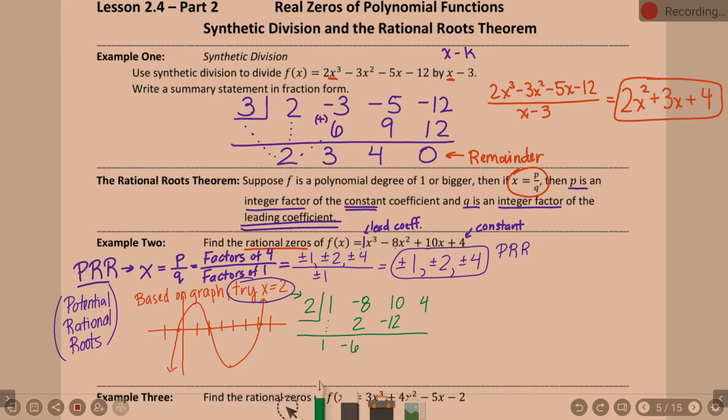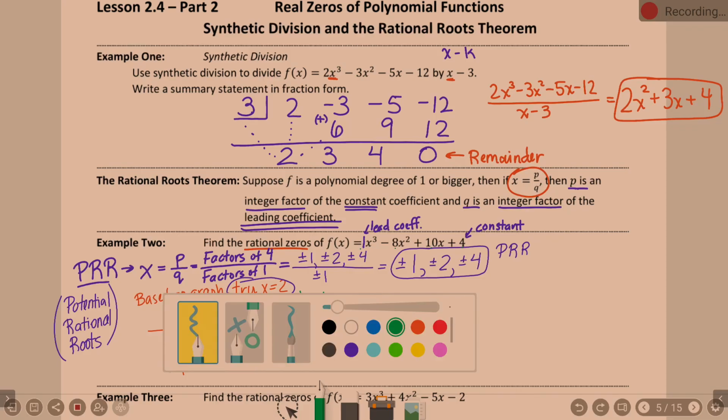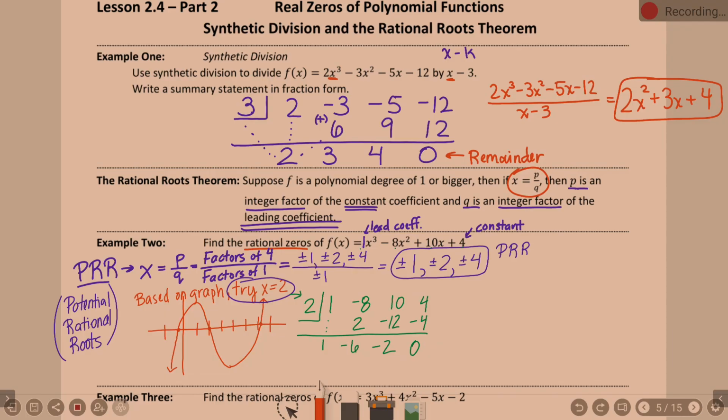Add. 10 plus -12. Multiply. 2 times -2. Add. 4 plus 4 equals 0. Okay, guys. What does that tell me? It is a factor. It worked because there's a remainder of 0.